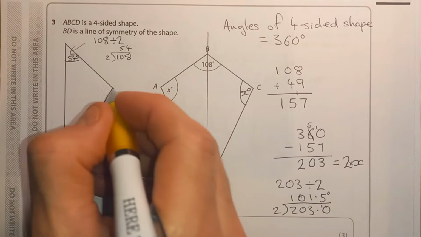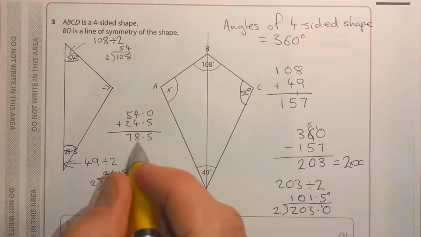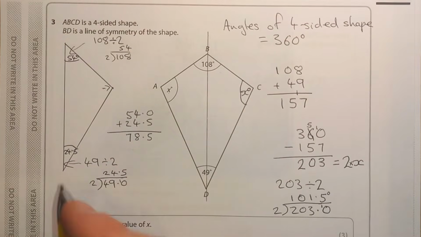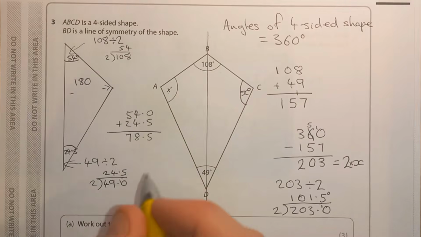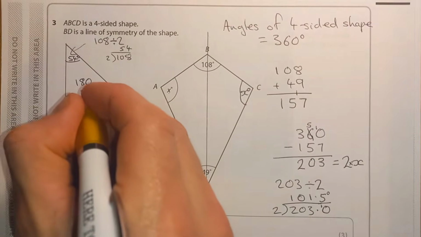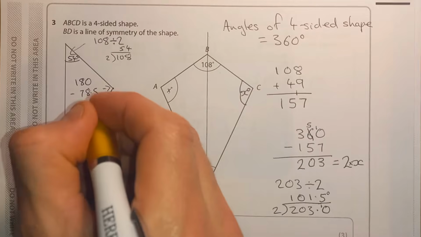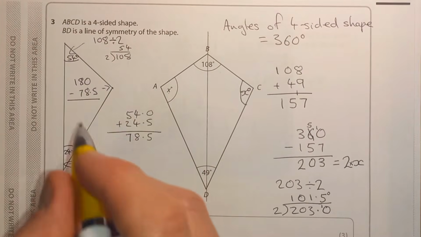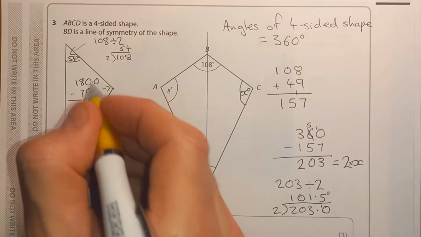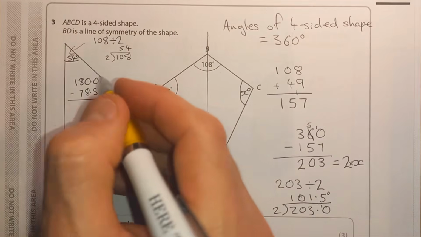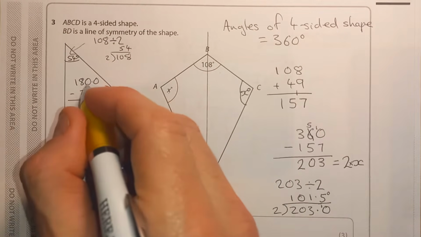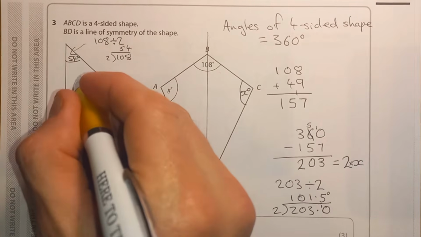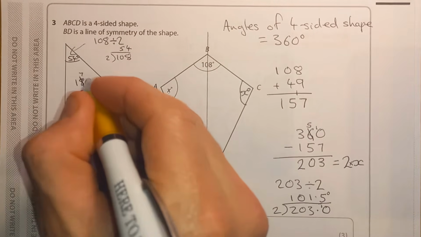So that means that for this angle here, if we know the total angles in a triangle are 180, we want 180 minus 78.5. So we'll do a 0.0, so we've got something to take the 5 away from. Now we can't take 5 away from 0, so we need to get 1. We can't get a 1 from here, so we have to reduce the 8 to a 7.